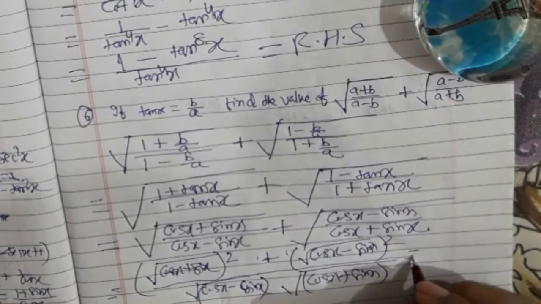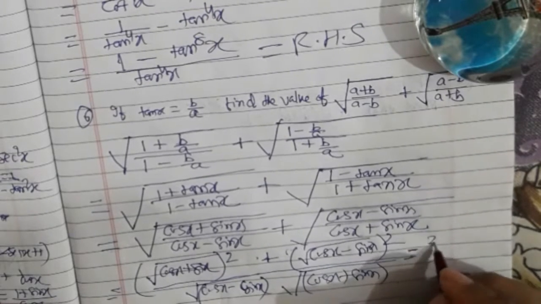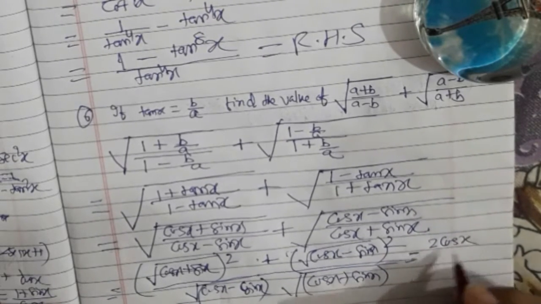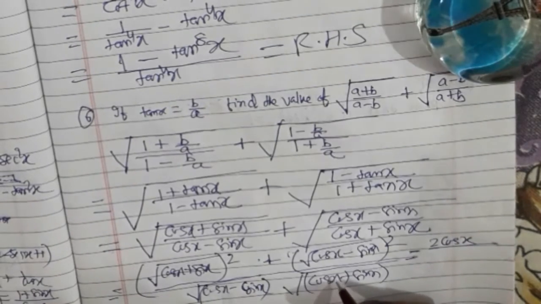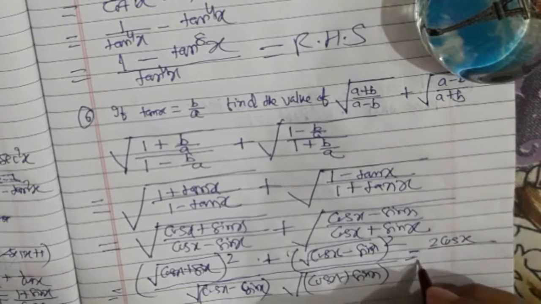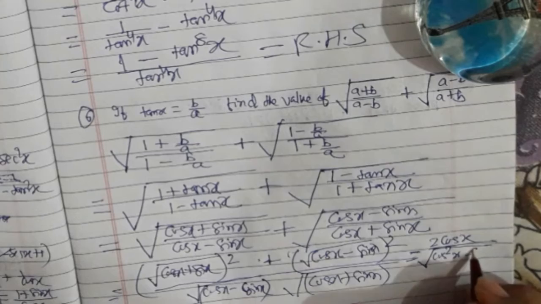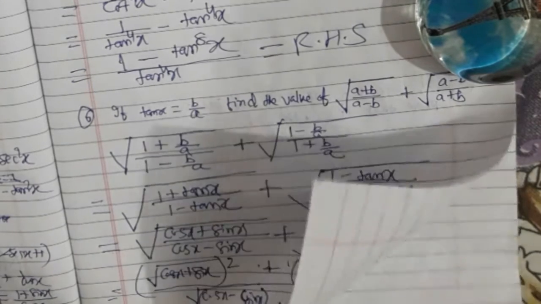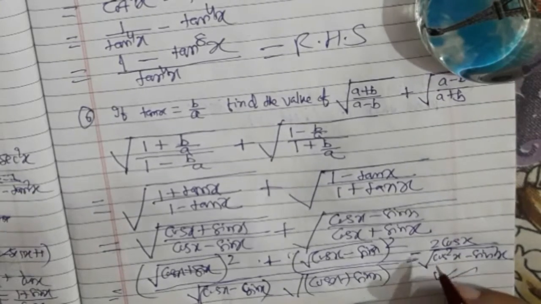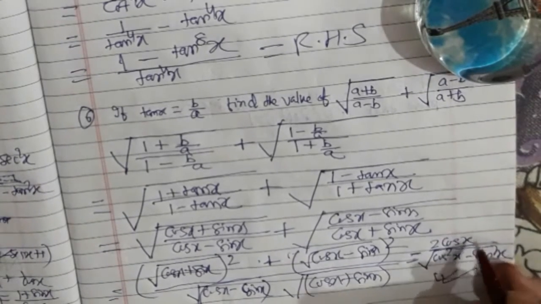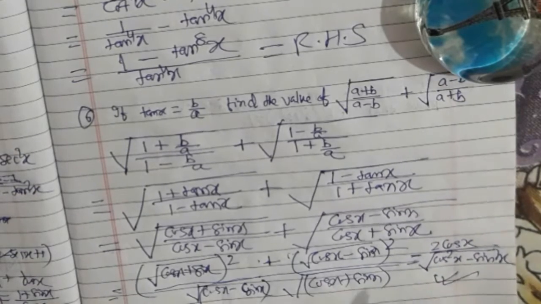This we can write as 2 cos x divided by root of cos square x minus sin square x. This one is our answer: 2 cos x by root of cos square x minus sin square x.